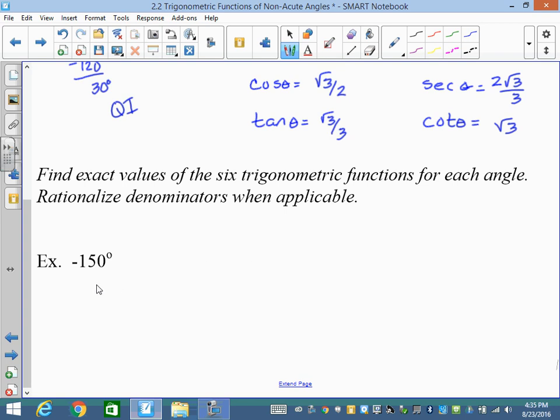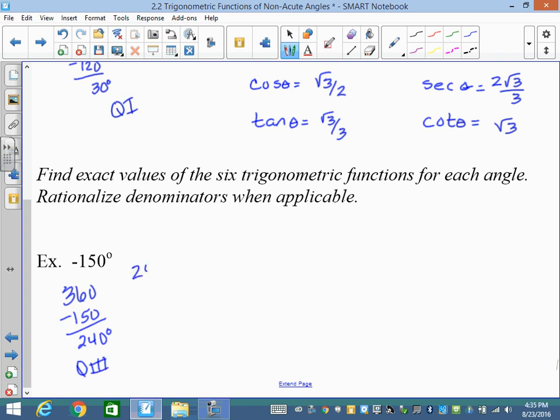Okay, so how did you do? Have to do that coterminal angle first. So 360 minus 150 gives us 240 degrees. This guy is in quadrant 3.